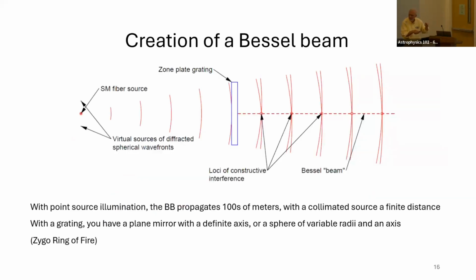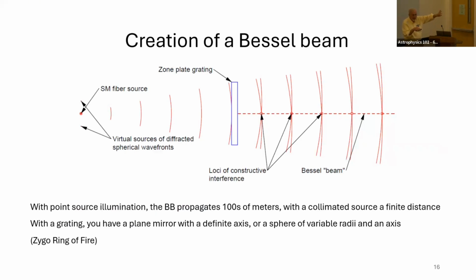To create the beam, the fiber source hits the grating. It diffracts both plus and minus, so you get these overlapping wavefronts that appear to be coming from virtual sources centered either side of where you put your fiber.